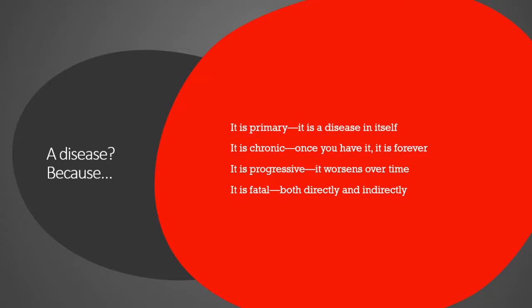It's a disease because it's fatal both directly and indirectly. There are people who die of their addictions. As I'm talking to you today, I am the last surviving member of my family of origin. My father was a drinker, but it was his cigarette addiction that killed him.